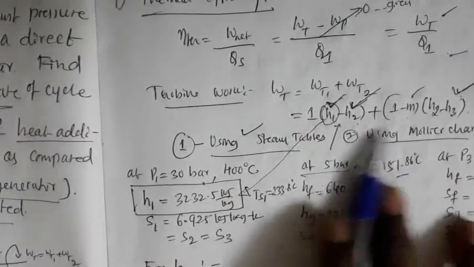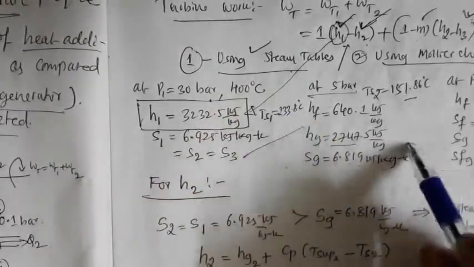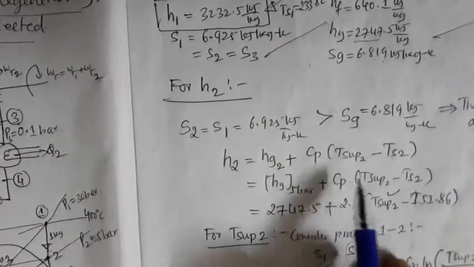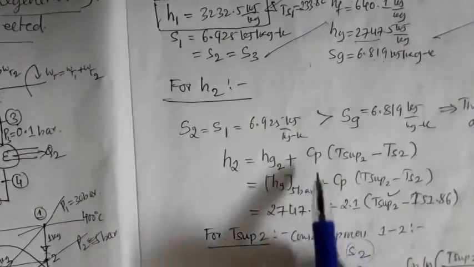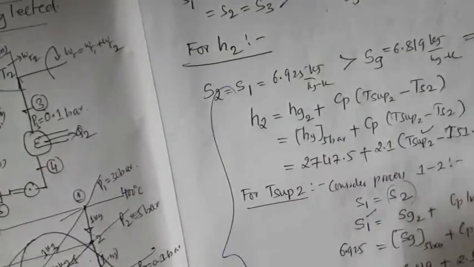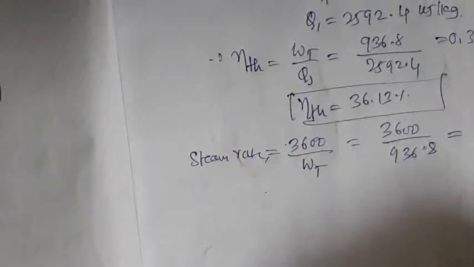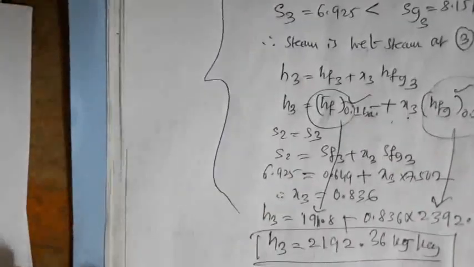To calculate these values we followed the steam table method by noting down all the properties. This was all the discussion to calculate the H2. Then for the calculation of H3, we had one more discussion. So this was the discussion for the calculation of H3.